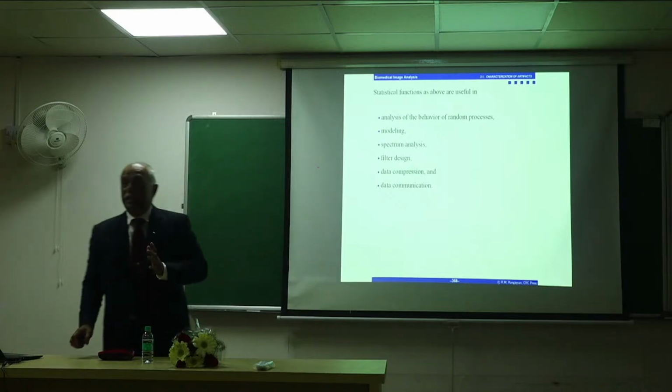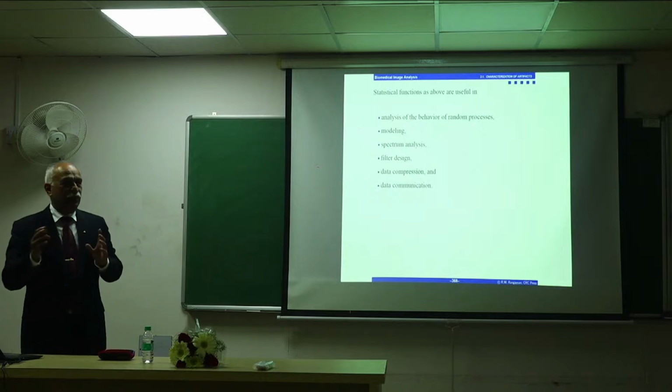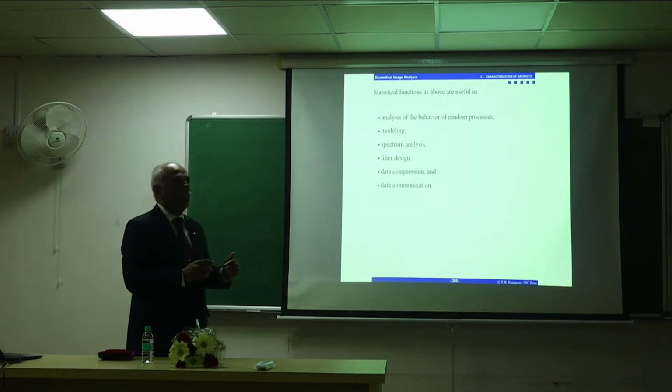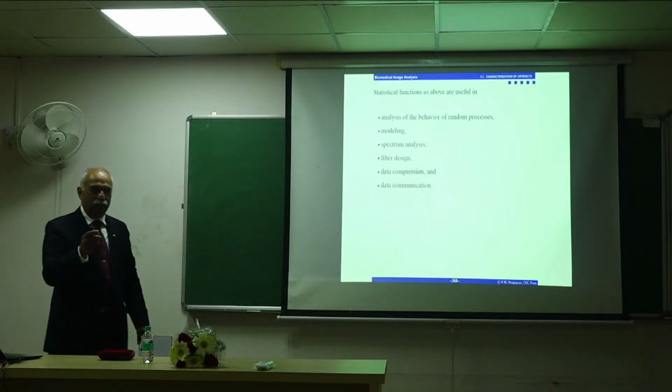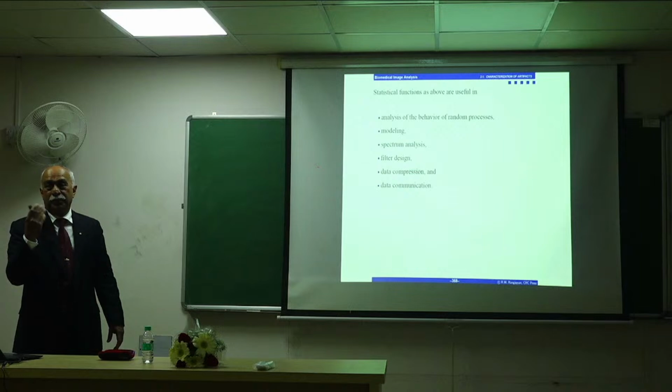You need to know these statistics in order to design optimal filters and procedures. If you just want to do something ad hoc, fine. But if you want to do something optimal, then the optimization procedure will require some of these statistics, especially the autocorrelation and MTF.